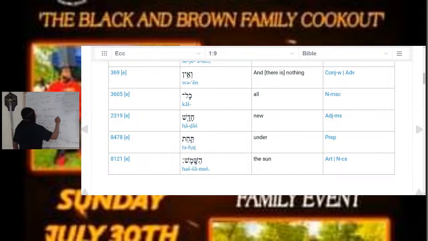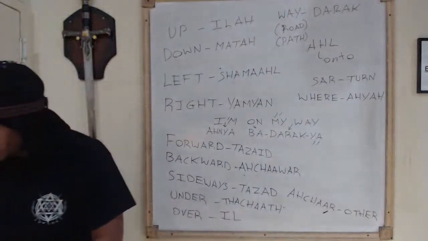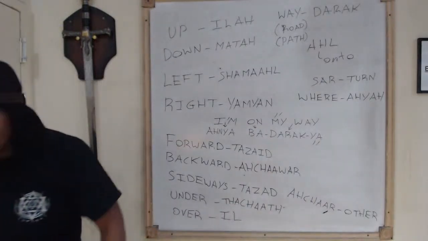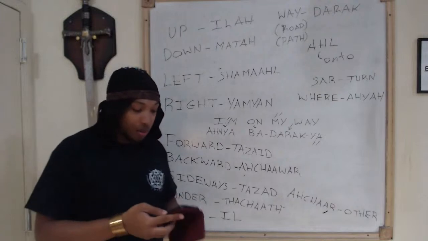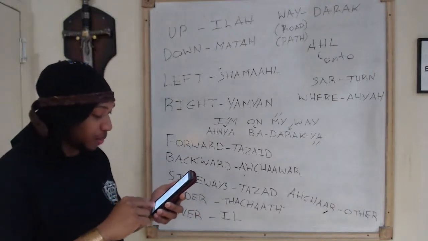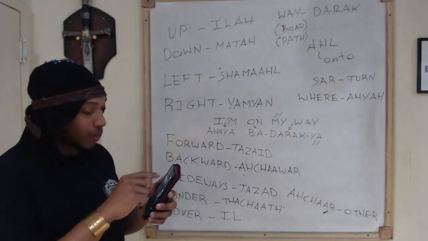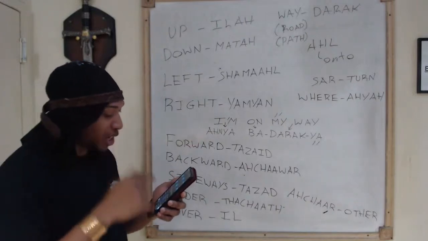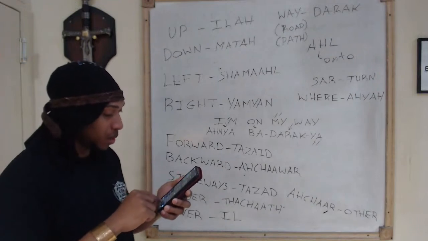Okay, good. Where in Hebrew is supposed to be ayah. Right? Let me just check that right quick to make sure that I'm not teaching you the false definition of a word. But in my mind it's registering ayah.